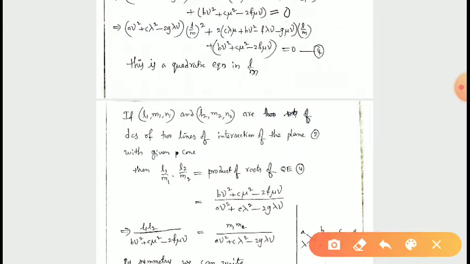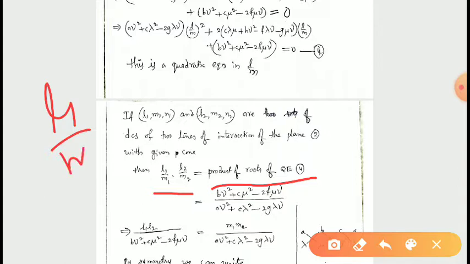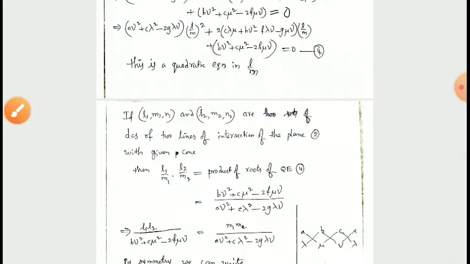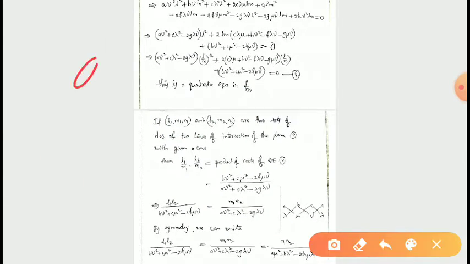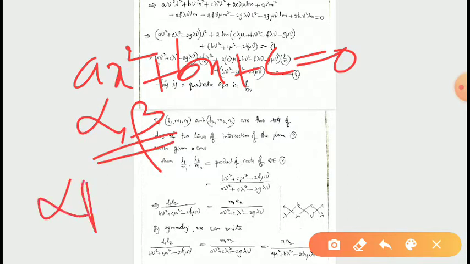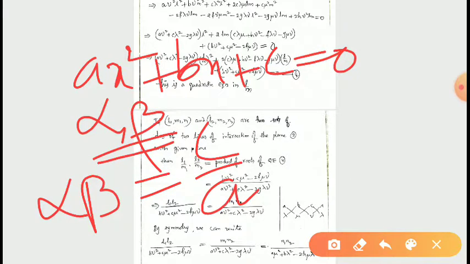Therefore, L1 by M1 into L2 by M2 is equal to the product of the roots. In quadratic equation ax square plus bx plus c is equal to 0, if alpha beta are the roots, then the product of the roots alpha beta is equal to c by a.